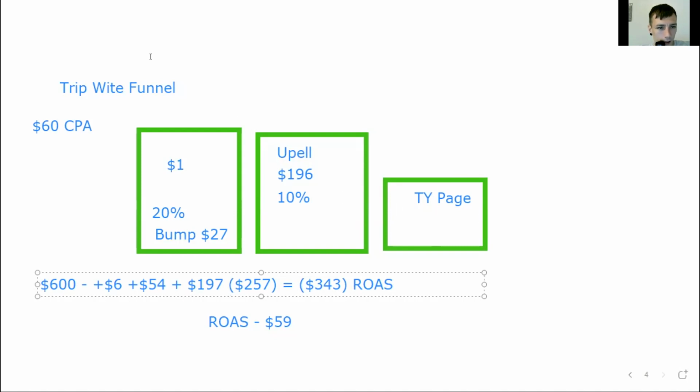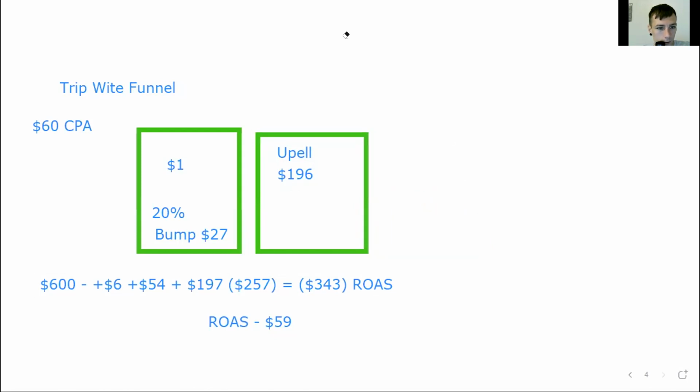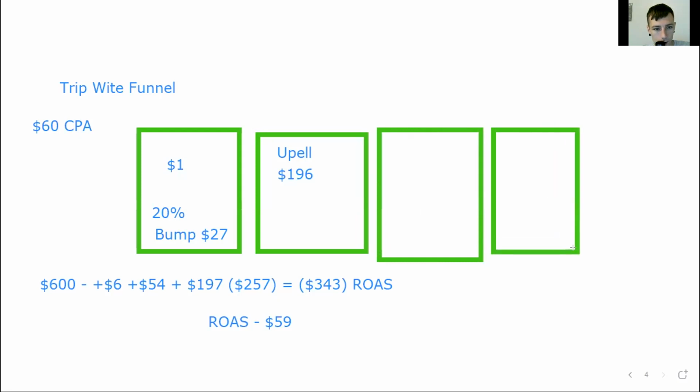So I'm going to erase this because what we want is to get into profit. So let's just say we're going to add an additional 2 upsells here and here. And you'll see how a Tripwire is still selling the same $1 product to the same amount of buyers.